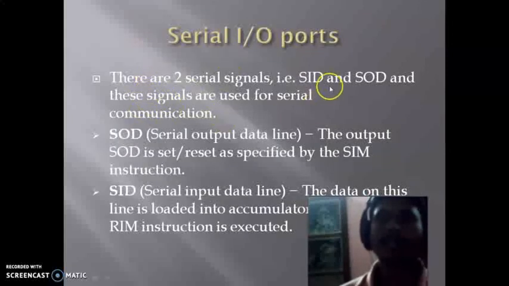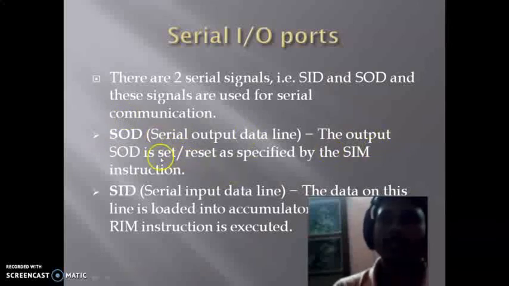Next, serial input-output ports. The data may be transmitted in parallel as well as serially. If the microprocessor wants to send some data serially, then we need the SOD and SID lines. These two lines are basically used for the transmission of serial data on the output and input side.